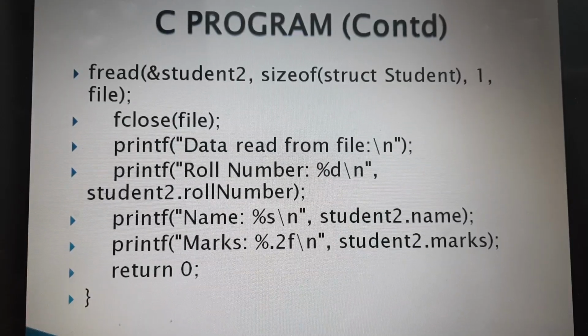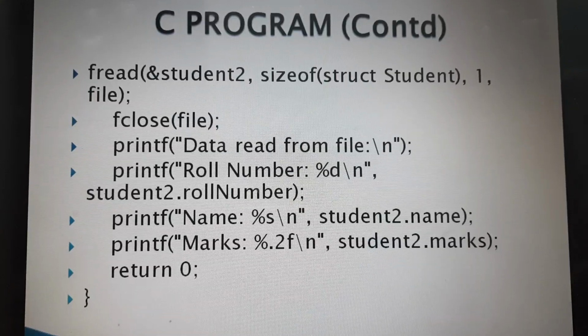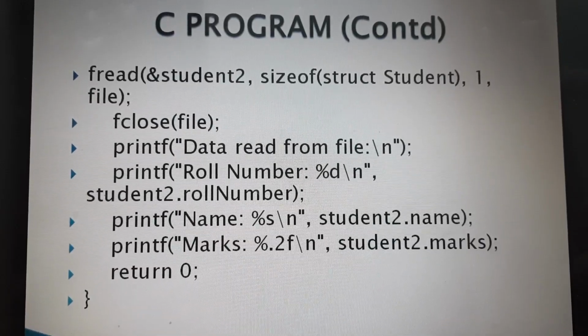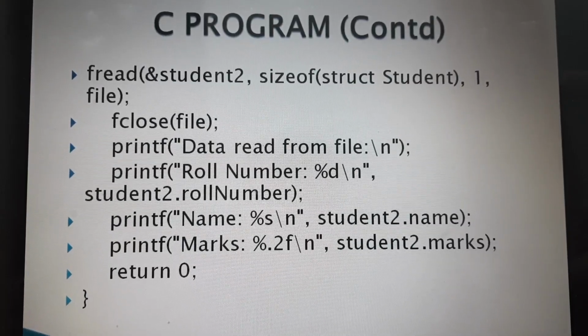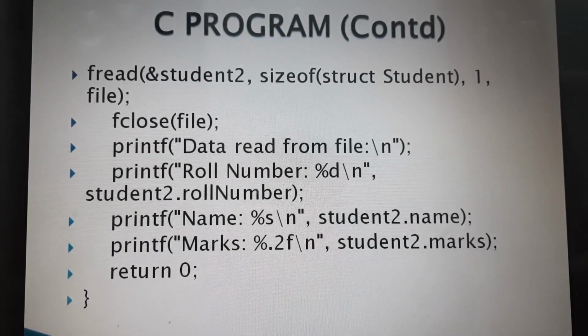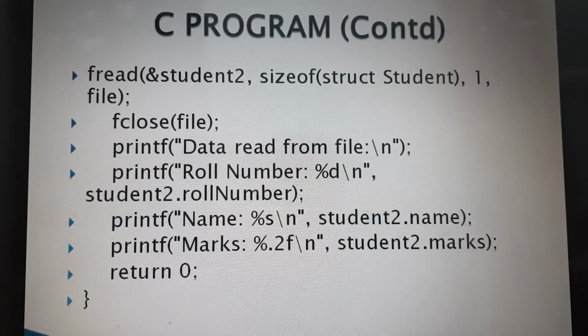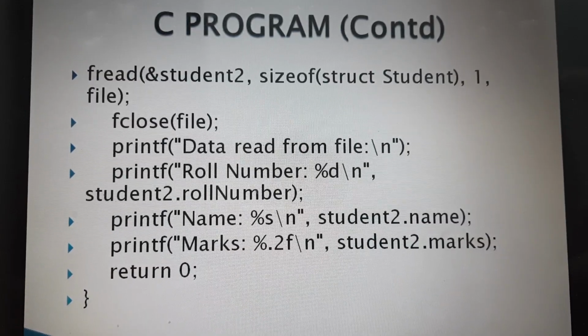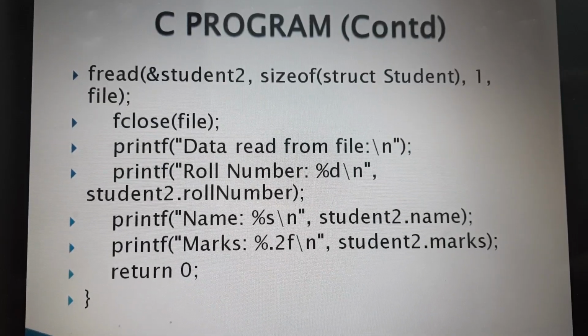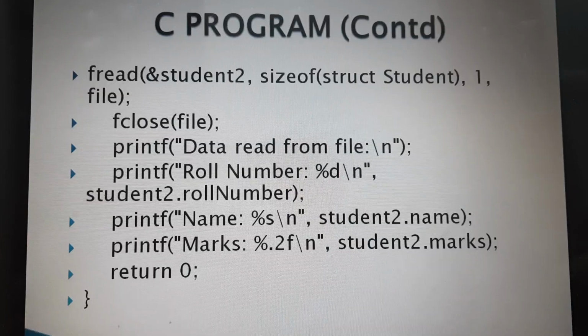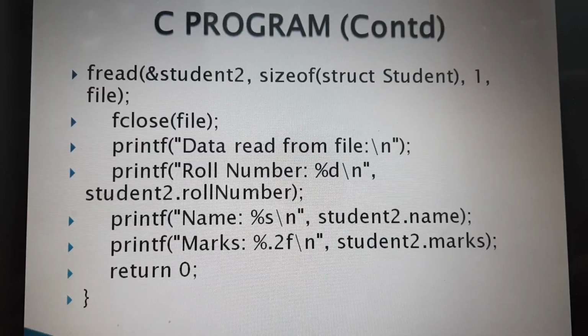After closing the file, the data that has been written from one object and read into another object will be printed as output here. Printf, data read from file. Printf, first one is roll number. Here you might have noticed that student2.roll number has been specified.